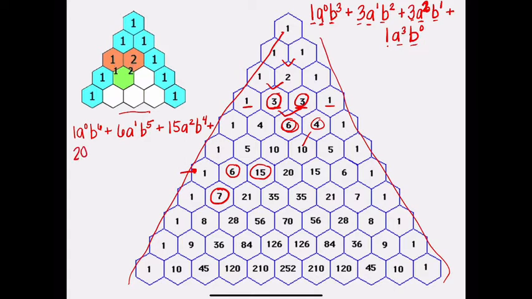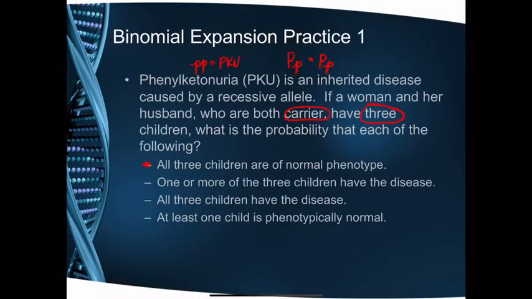Plus 20, and they're both going to be equal, a to the 3, b to the 3, and so on and so forth. Hopefully you get the idea there. And so when you look at these exponents, they always add up to the number that's on the outside. 0 plus 6 equals 6. 5 plus 1 equals 6. 2 plus 4 equals 6. And the same is true for the one up here that we did. Okay? So let's go back to our problem.